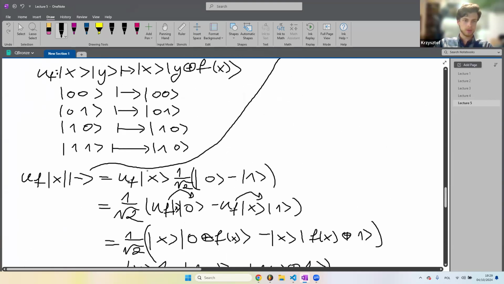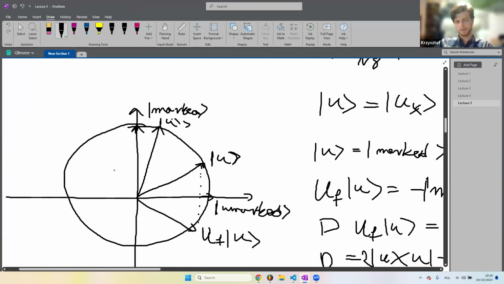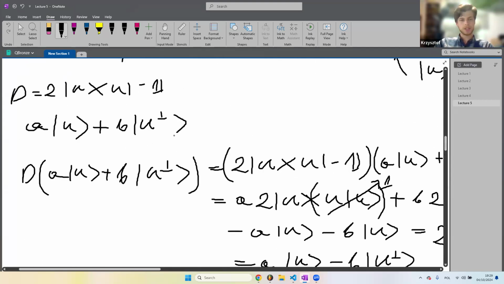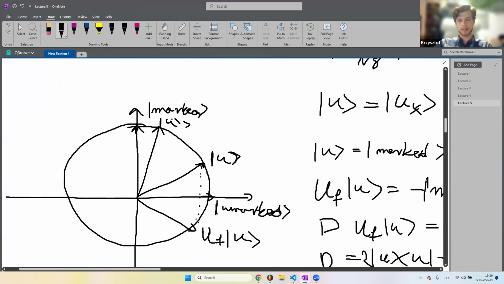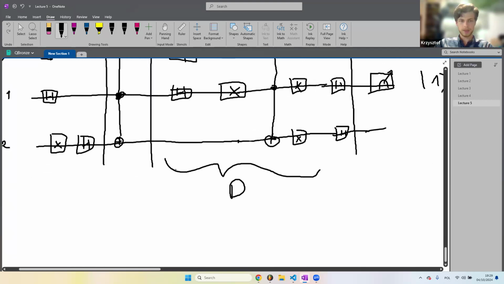But in general, with a higher number of qubits, you may not be able to match the marked state exactly, but maybe you will get very close to it. And the idea behind Grover's algorithm is that you can amplify the state quite quickly to the marked state.